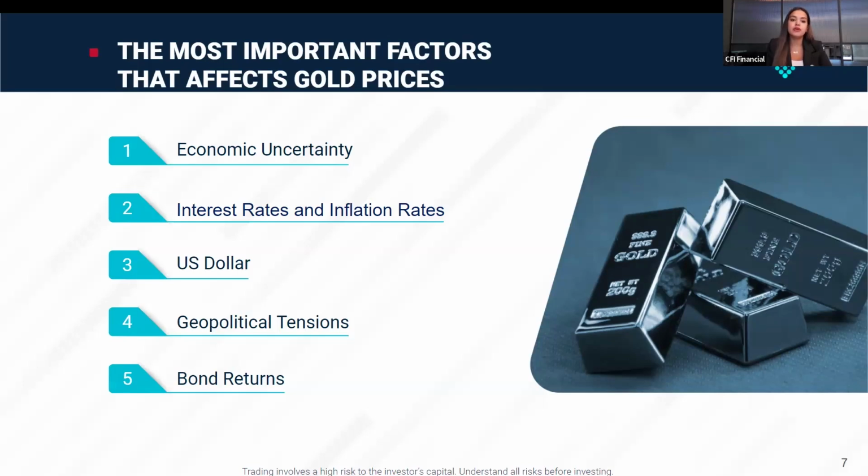First of all, economic uncertainty. When there is uncertainty in the economy, gold prices tend to rise. When there are high interest rates and high inflation rates, gold prices usually tend to decline. When there's a rise in the US dollar, it is expected to negatively affect gold prices, so prices are expected to decline when we have a strong US dollar.